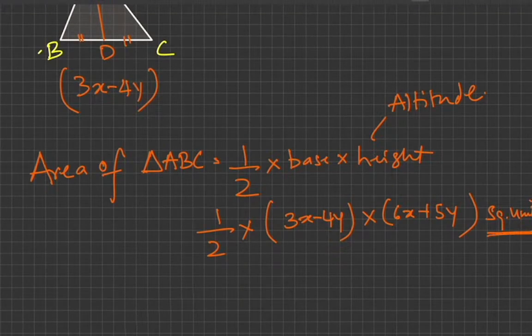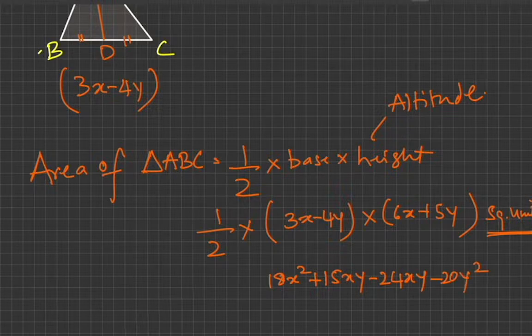So if we do this, 3 times 6 is 18x squared plus 15xy, right? And then minus 24xy minus 20y squared.